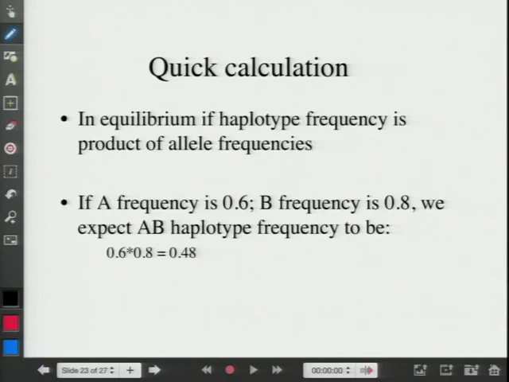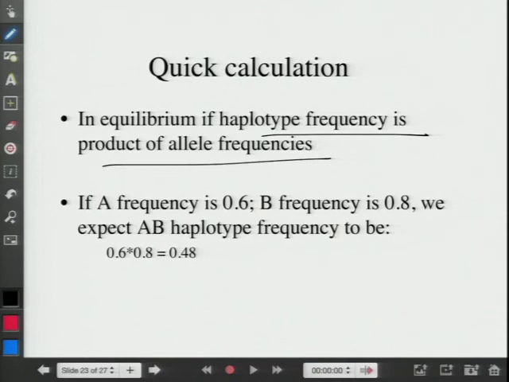And it's actually really easy to do. All you have to do is figure out the expected haplotype frequency, which is the product of the respective allele frequencies. You would say these loci are in equilibrium if the haplotype frequency is the product of the allele frequencies.